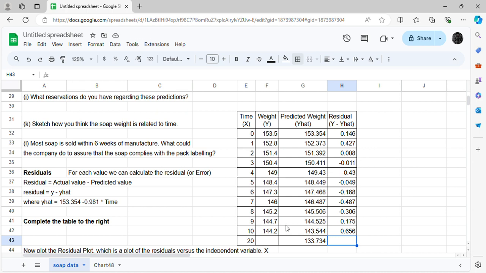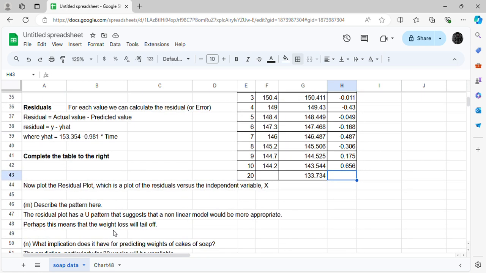Okay, so now that's the table. Now plot the residual plot, which is a plot of the residuals versus the independent variable x.